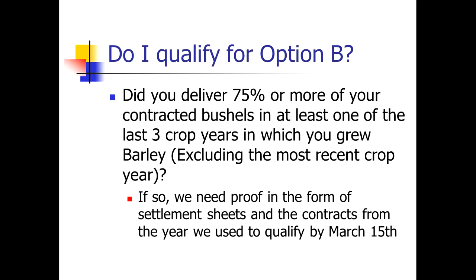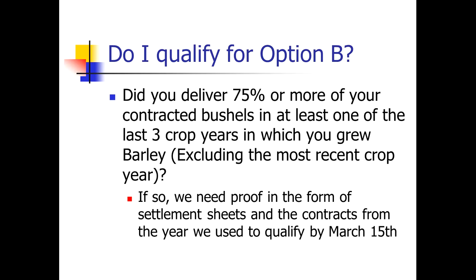So the first thing is, how do I qualify for this option B, or the additional malt coverage on the crop insurance? To qualify, first off, sometime in the last 3 crop years in which you grew barley, excluding the most recent crop year, you had to have not only contracted barley, but delivered 75% or more of your contracted bushels in that year.